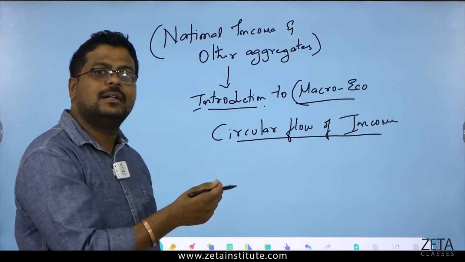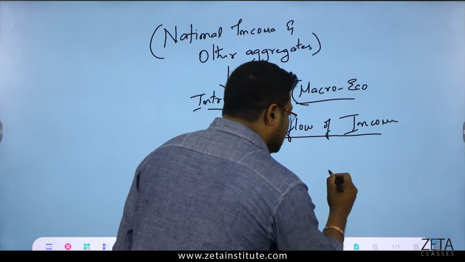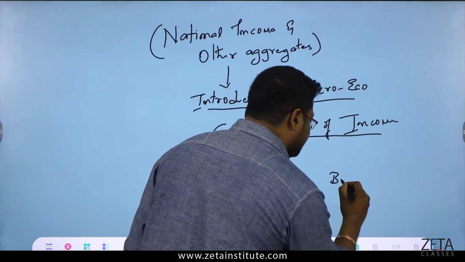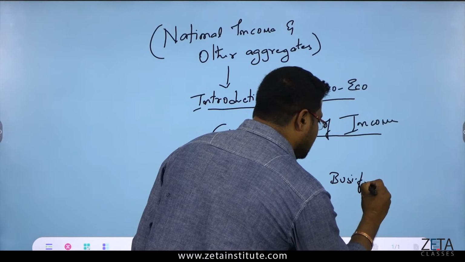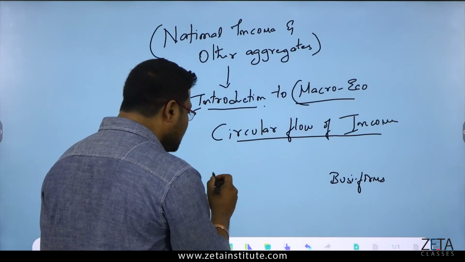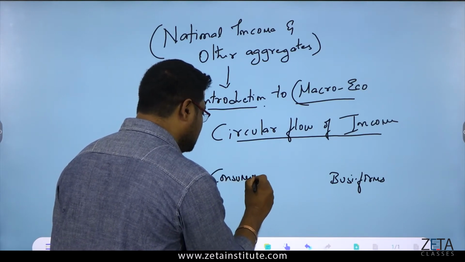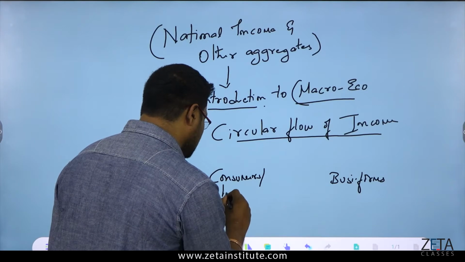Who all come under the circular flow of income in macroeconomics? One side will be the business firms, or firms. The other side will be the consumers, or households.